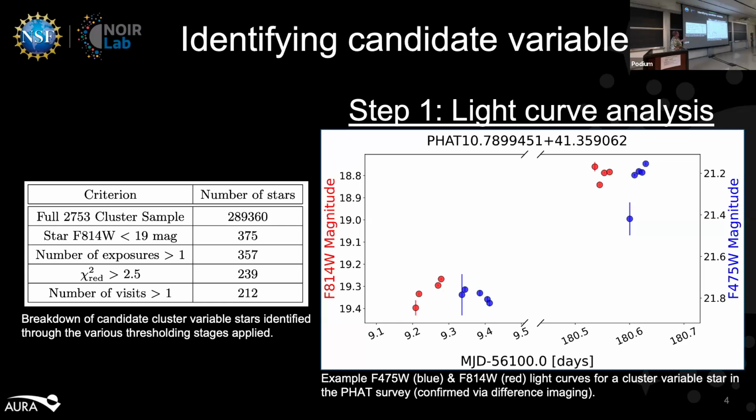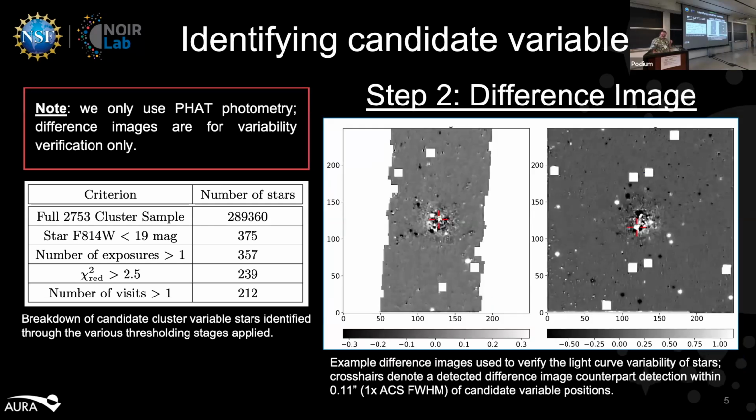We consider this a light curve. It's not the best, but we can at least say, has something changed or not, based on the mean value of the light curve. This gave us a list of candidate variable stars within these clusters.